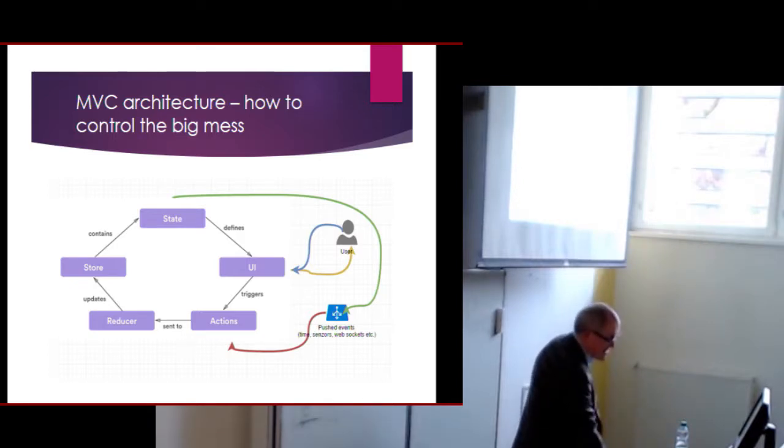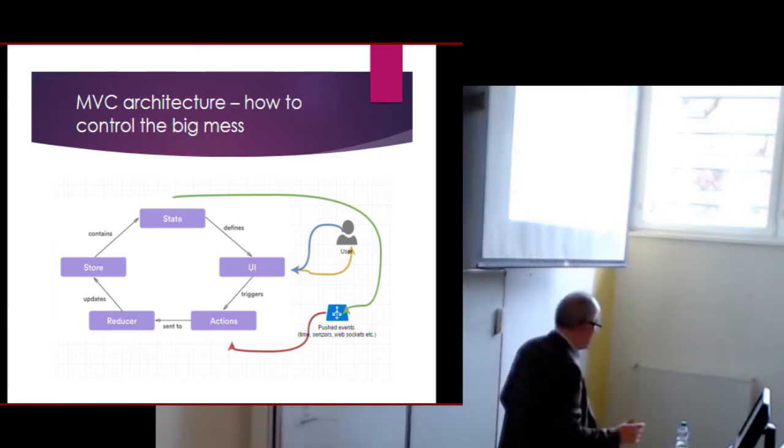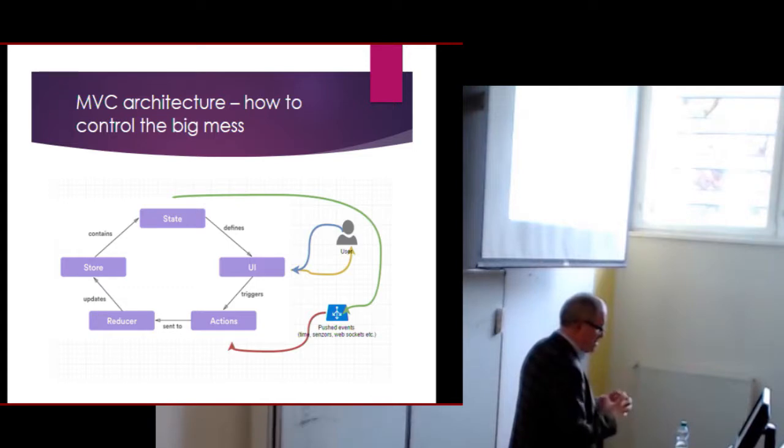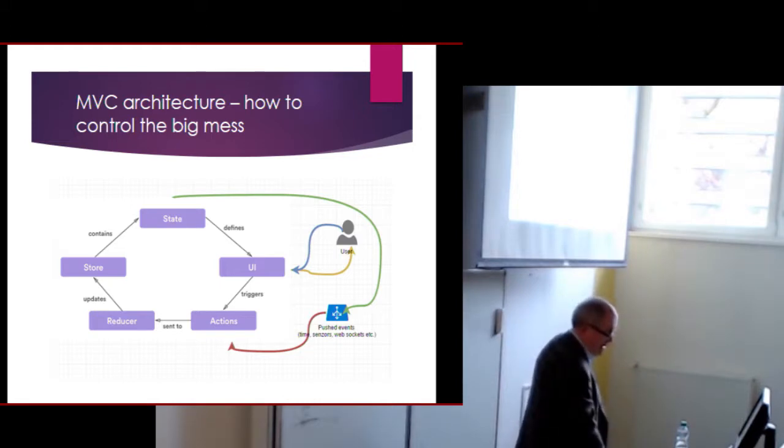This event is sent to the reducer, and the reducer is a kind of program or class which updates the store. The store is some object or objects where we store the state of the program or the system, and then the change of the state defines the UI.